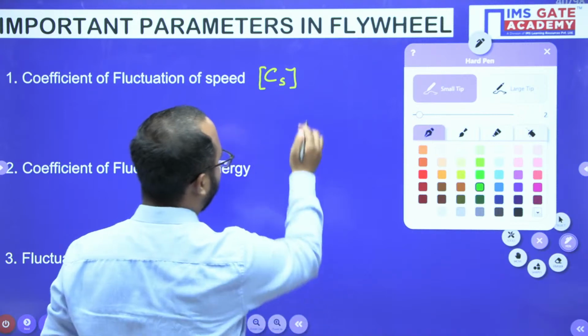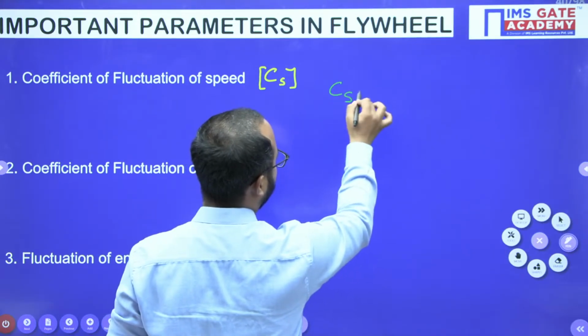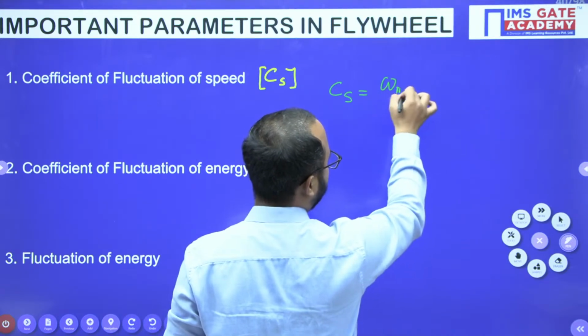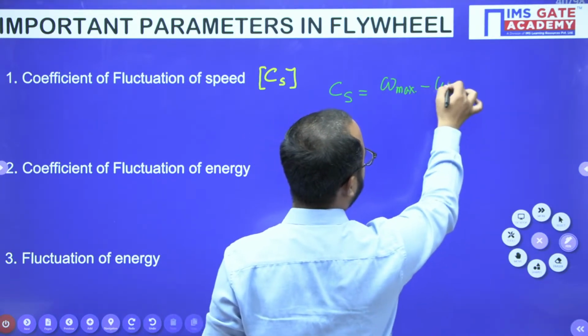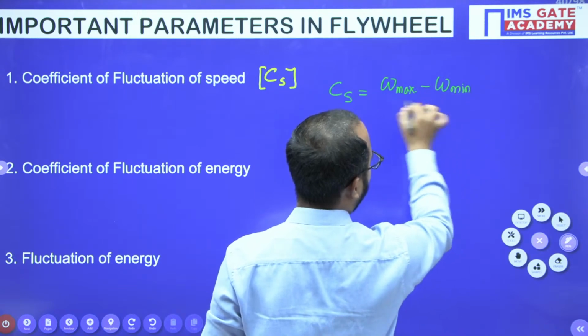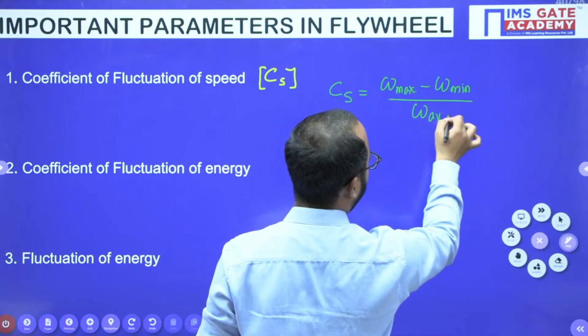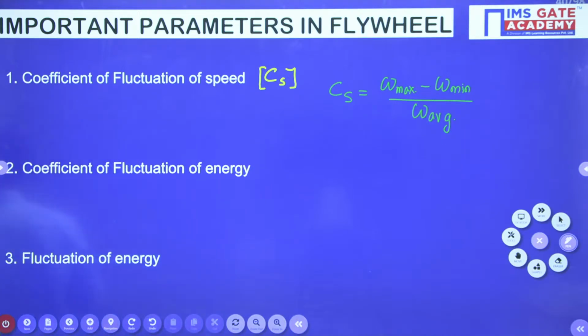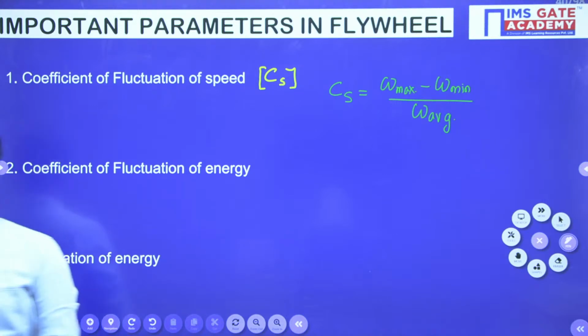Now in order to calculate CS, the formula that we have to use is what? CS equals ω max minus ω minimum divided by ω average. Clear everyone, yes or no? Right, in a similar way coefficient of fluctuation of energy also they will ask.